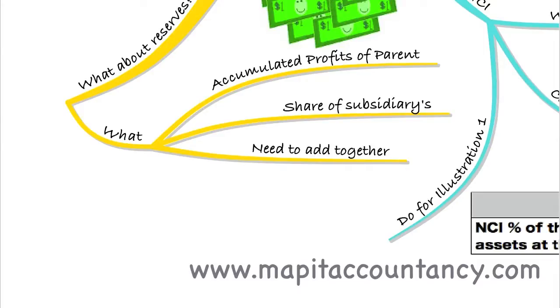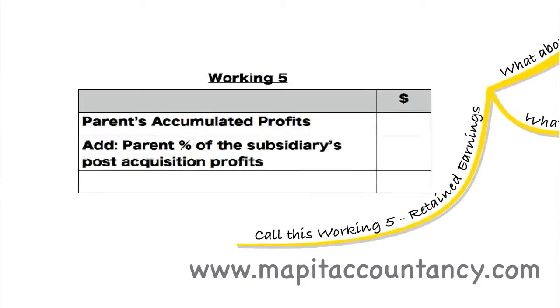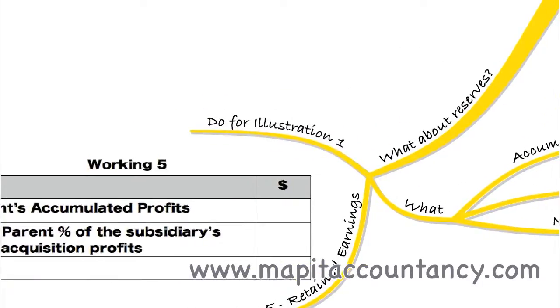This is our working 5: the parent's accumulated profits, adding in the parent's percentage of the subsidiary's post-acquisition profits. Because remember, after acquiring the subsidiary, some of those profits are going to belong to the parent, so we need to add those in as well. We did that for illustration 1. So those are our 5 workings that we're going to set up for every one of our examples.